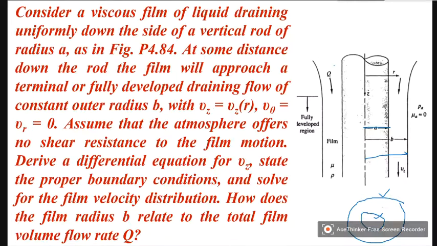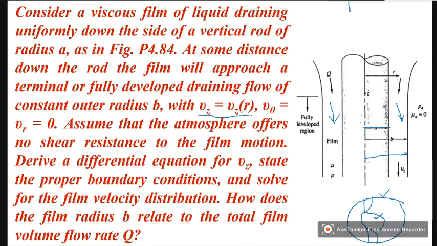That is like this. So here the velocity is 0, and here there will be some velocity, depending upon, of course, the magnitude.